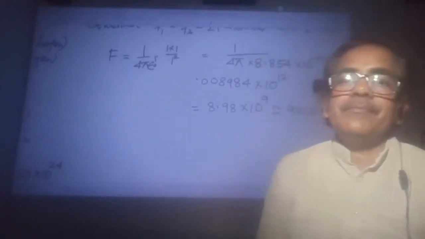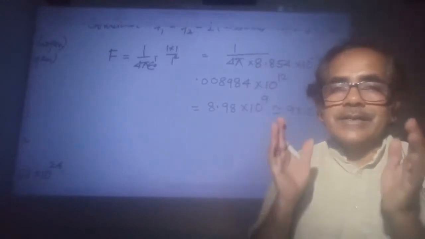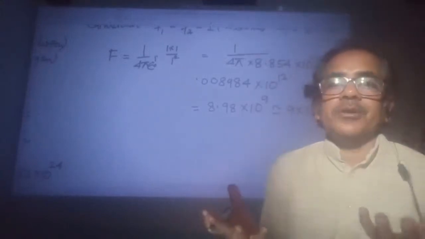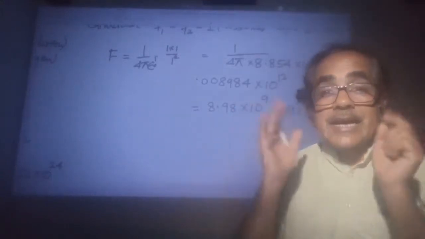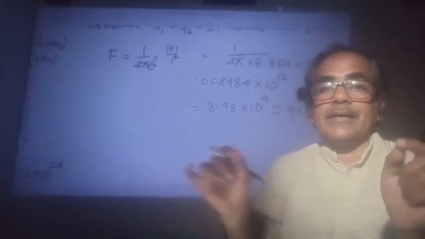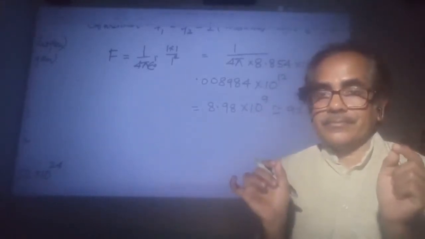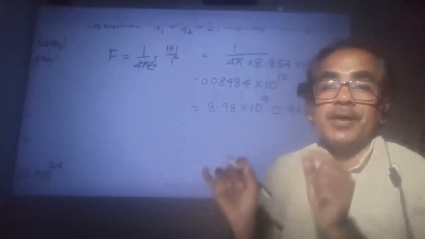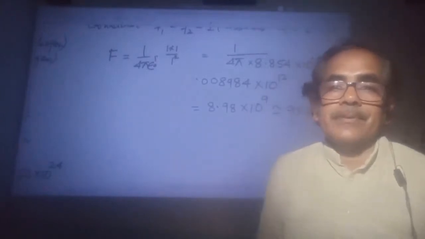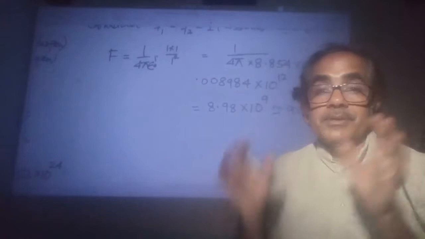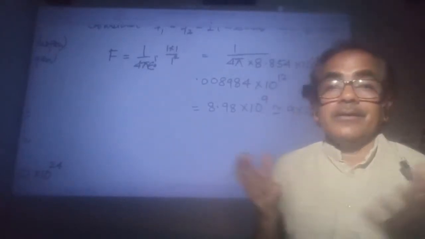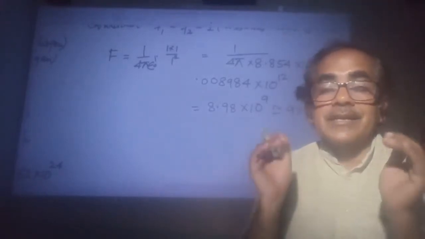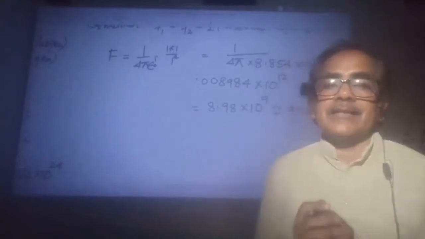In this term, it can be told that a certain amount of charge, when placed in vacuum at a distance of 1 meter and experiences a force of 9 into 10 to the power 9 newtons, then that particular value of charge is called 1 unit of charge. That is considered as unit charge.